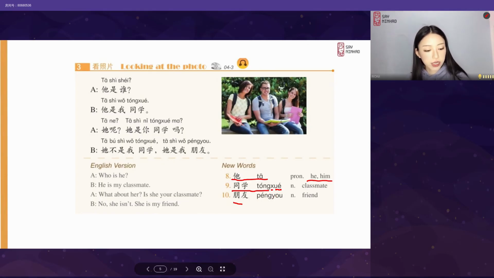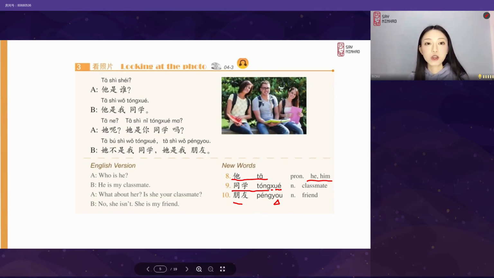Last one is 朋友. Okay, 朋友. It is 朋 and 友, and 友 is neutral tone. We need to read it soft and quick. 朋友. Read after me, please. 朋友. It means friends. And how to say Chinese friend?